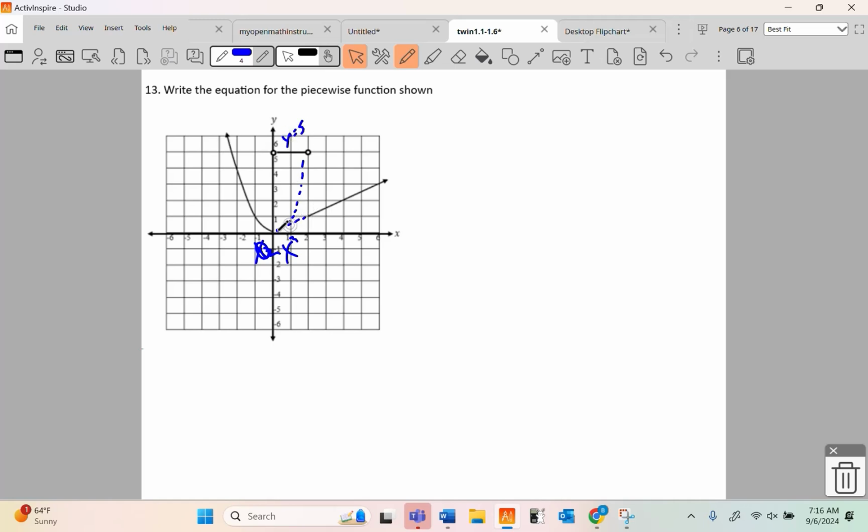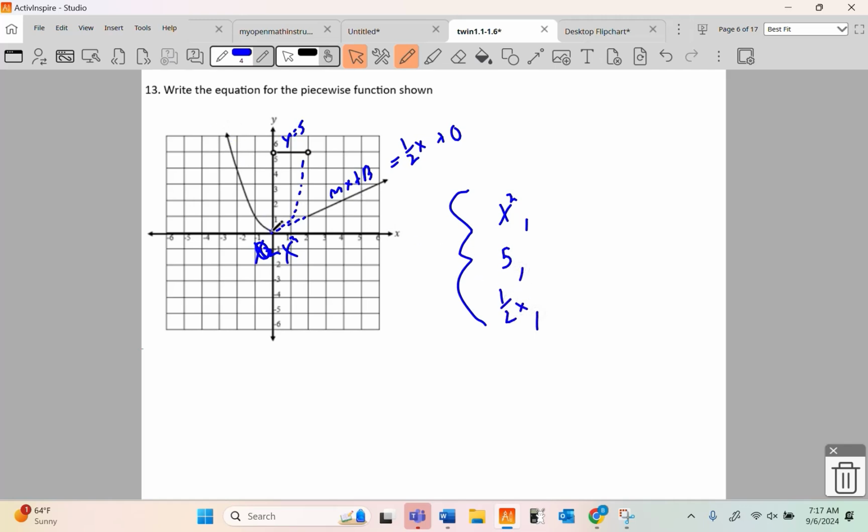And if I extend this to the origin, and I use mx plus b, I have a b value of 0, and I have a slope of rise 1, run 2, so 1/2 x. It's not that hard to write equations. Now, the first equation that's mentioned should start on the left, and it's x squared. The next equation is going to be this little line right here. It's just 5. And the last equation is 1/2 x.